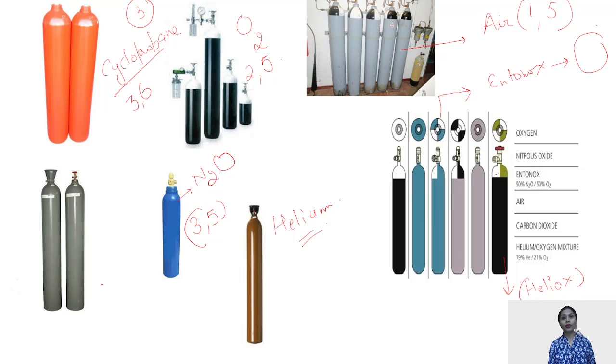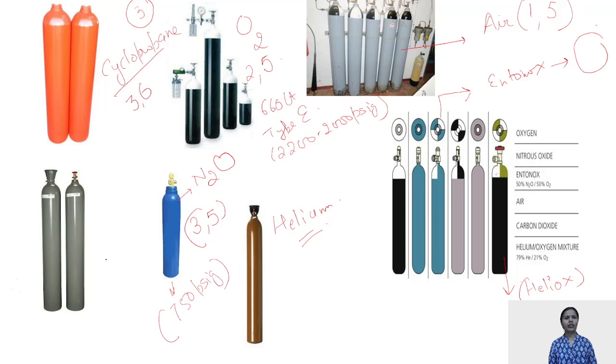One more thing you all have to remember is that this cylinder of oxygen has a capacity of 660 liters, which is the type E cylinder, the most commonly used cylinder on your anesthesia machine, and the pressure is 2200 to 2000 psi. Talking about nitrous, the pressure is 750 psig.